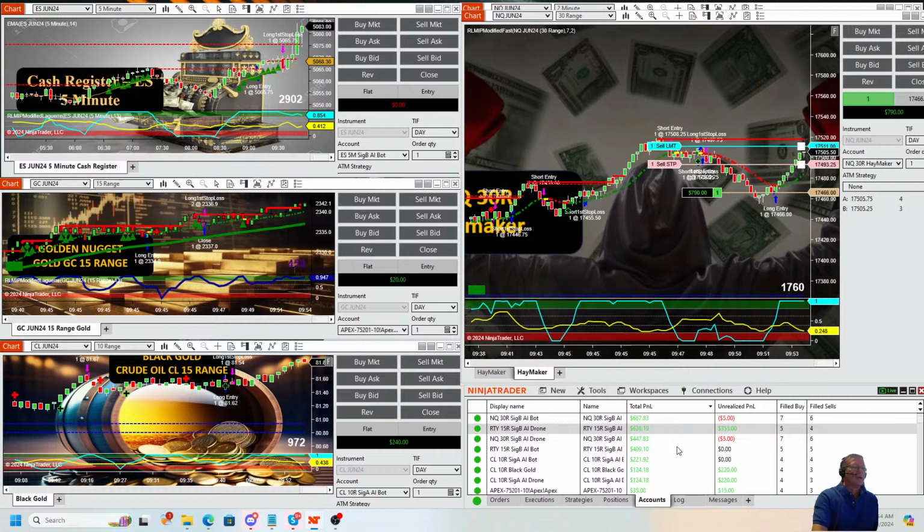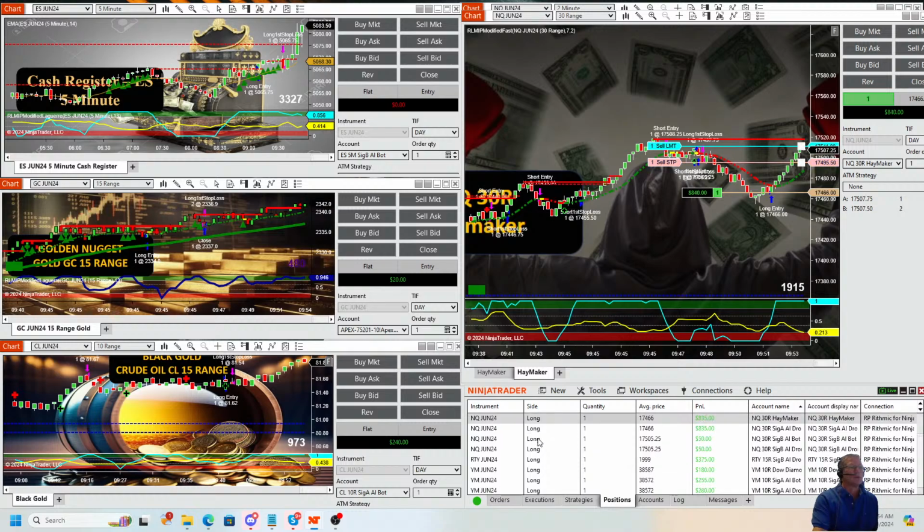Looks like my Apex account is in another position. Let's take a look and see which one. It's in on the NASDAQ. Looks like it took a long trade on the NASDAQ.